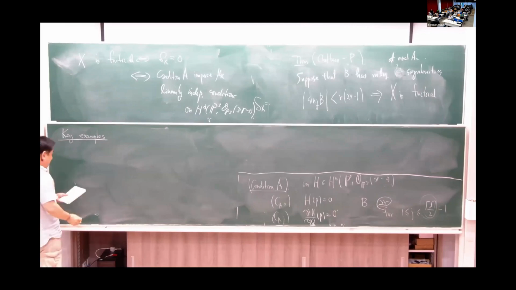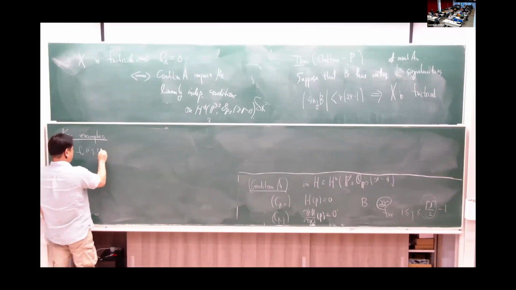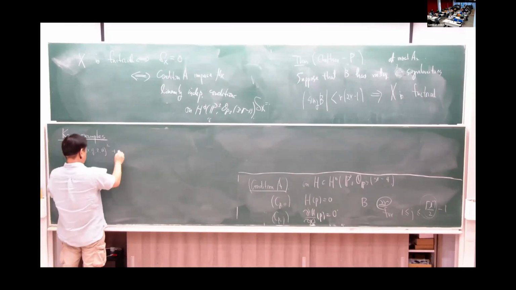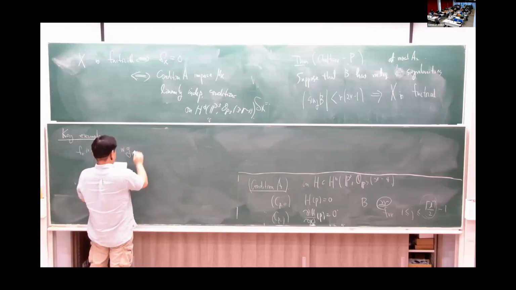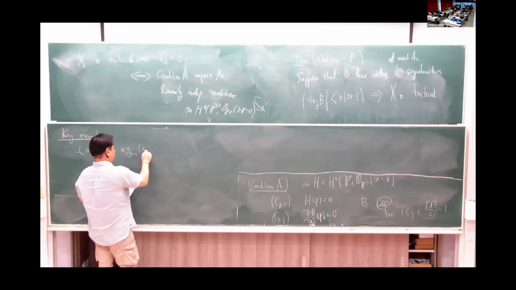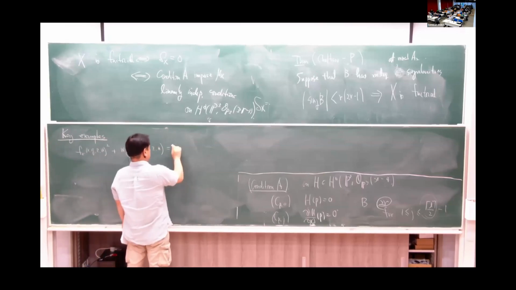You consider this polynomial: square plus W G of degree r minus 1, 2r minus 1, in x, y, z, W, and this is U squared.